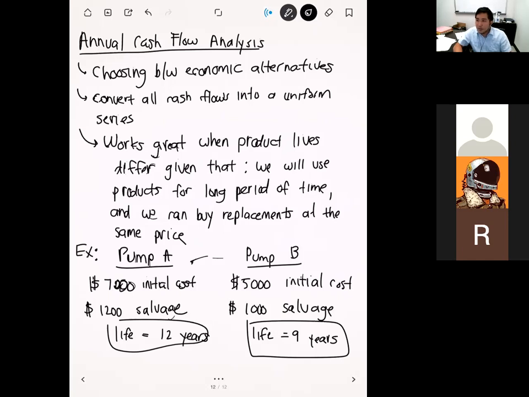If you can imagine using the same pump and the same device for 36 years without any improvements to the pump over that time, that's not something that I would expect. I would expect maybe a better pump will come out one day, or the pump will come out of service one day.